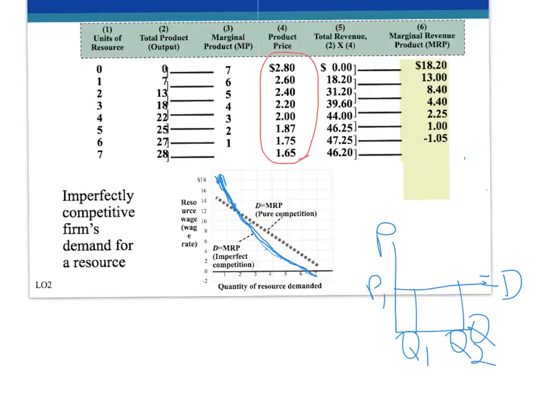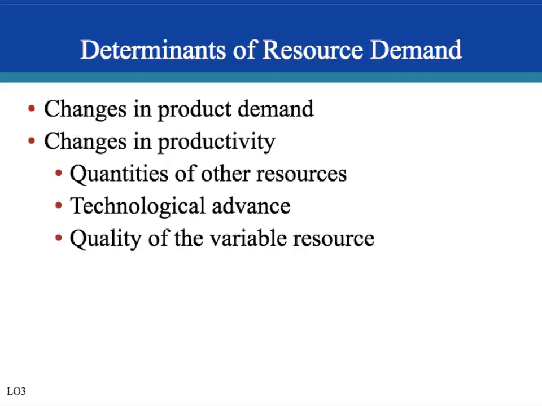A straight line under pure competition shows a constant change between quantities of resource demanded. Here, marginal revenue product is declining at an inconsistent rate.